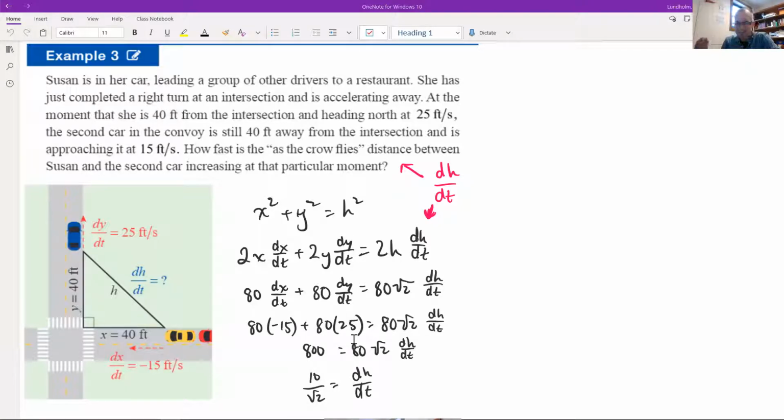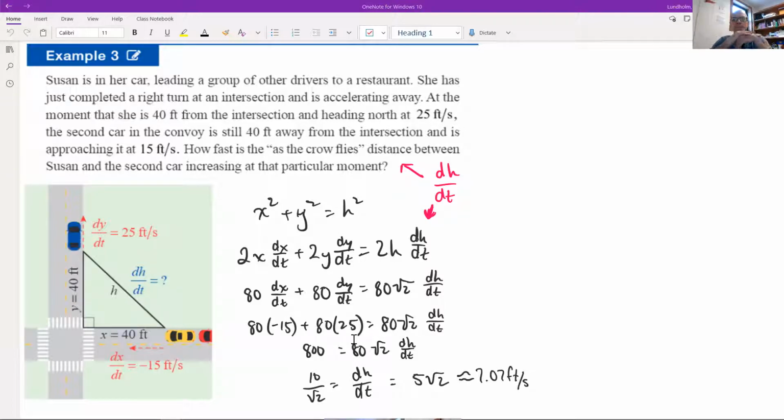You could rewrite it as 5 times the square root of 2. I believe that is approximately 7.07 feet per second.